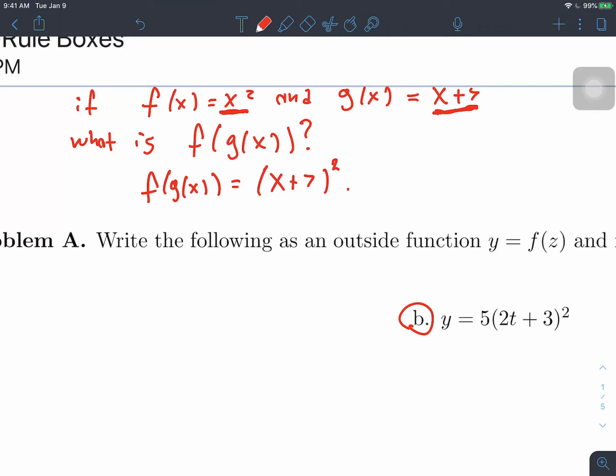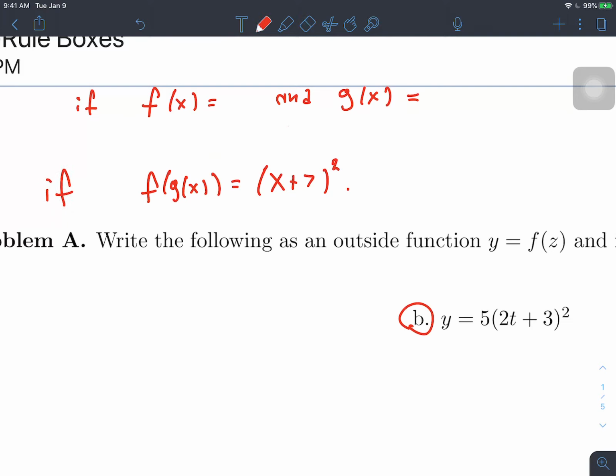So what we now are going to be required to do is a little bit different. What we're going to do instead is a different problem: if f of g of x equals x plus 7 to the power 2, what are f of x and g of x?